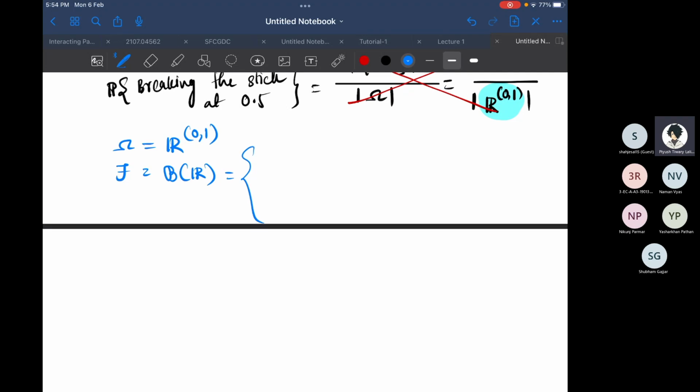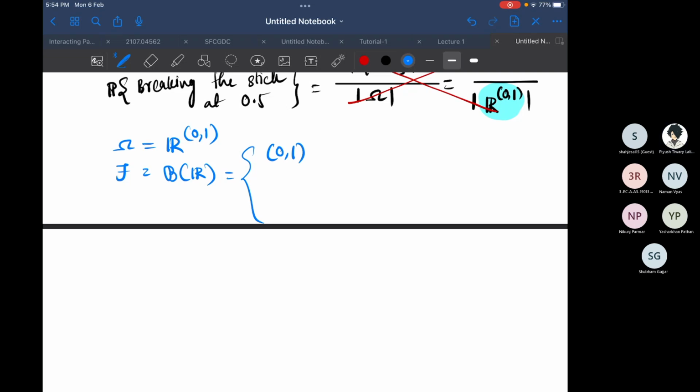I cannot list all the elements of the Borel sigma algebra, but let me list a few elements. Okay, what is this mysterious thing? Let me take one thing. Since it is a sigma field generated by open sets, it must contain 0 comma 1 because it is an open set.